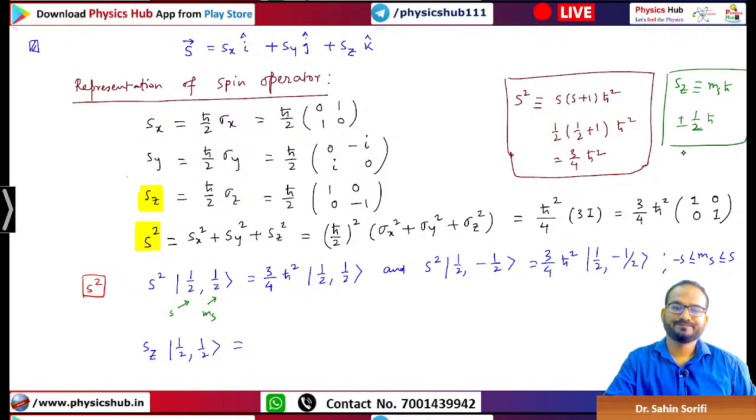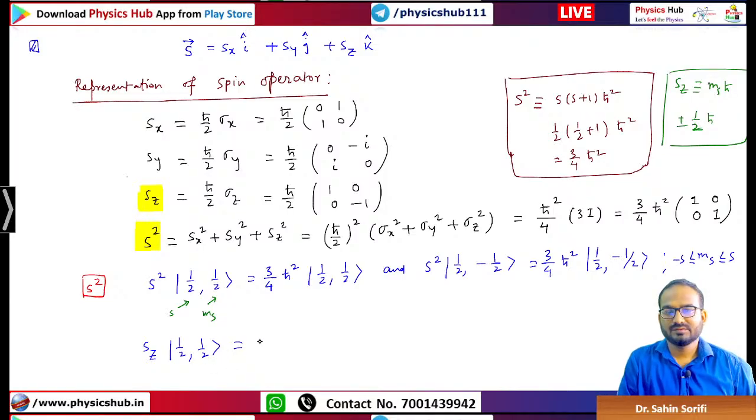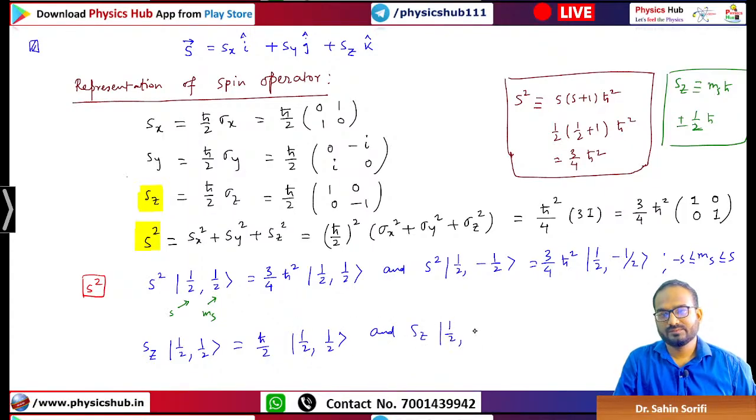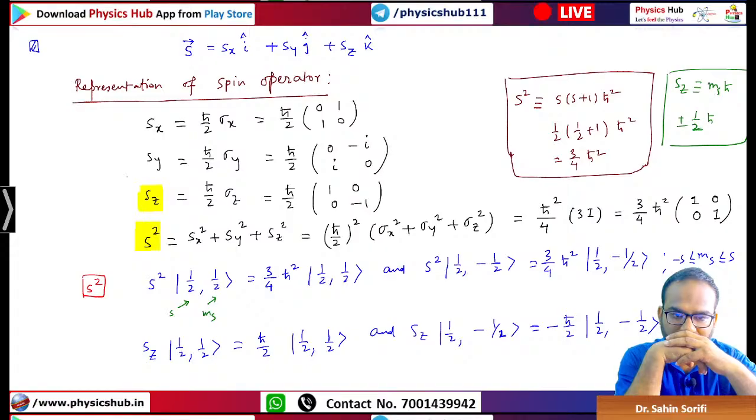So Sz |half half> gives h cut by 2 |half half>, and when we apply Sz to |half minus half>, this will give you minus h cut by 2 |half minus half>. Is it clear?